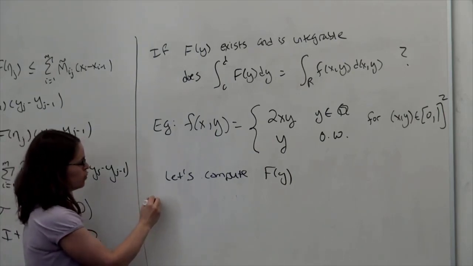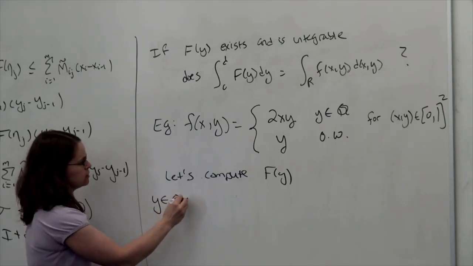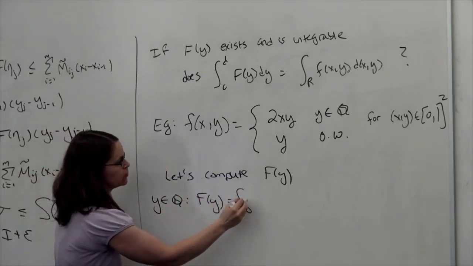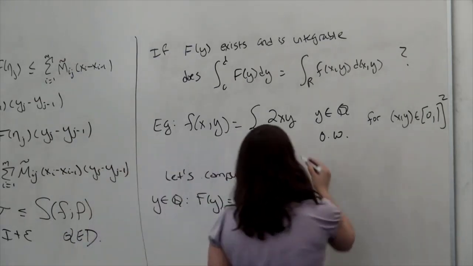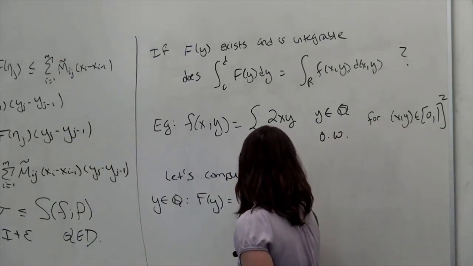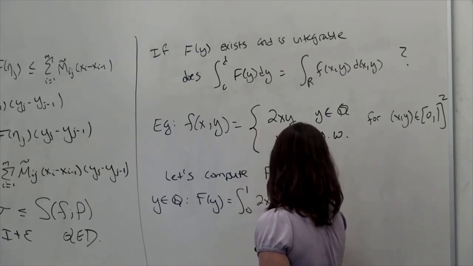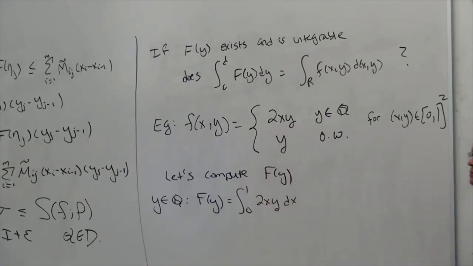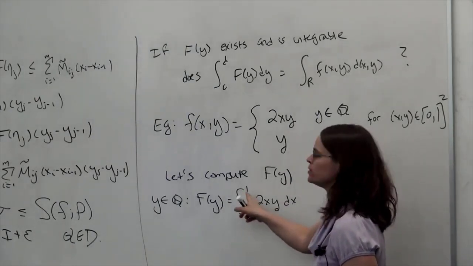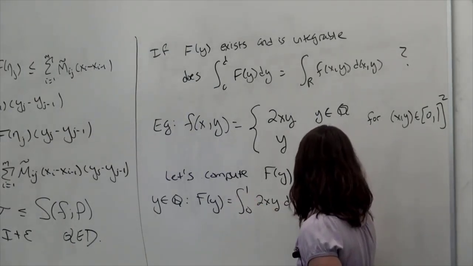So if y is rational, then capital F is the integral from 0 to 1 of 2xy. All right, so that's x squared y. We plug in our limits for x, and we just get y.